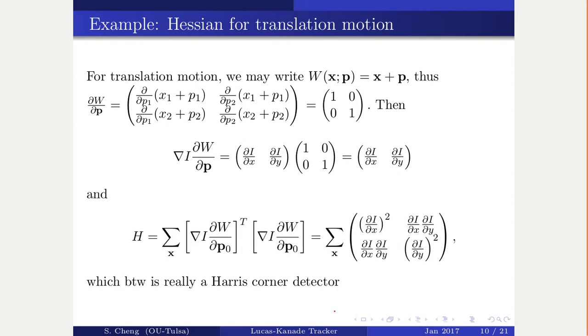And therefore the Hessian matrix, the H, is just equal to this. This will become del I del x, del I del y, and if I multiply this by this guy, it is just equal to this here. And by the way, this H here is really just a Harris corner detector.